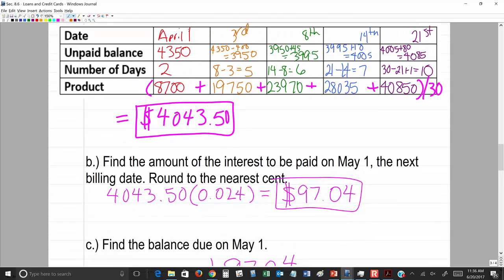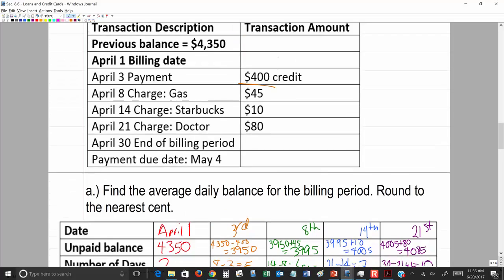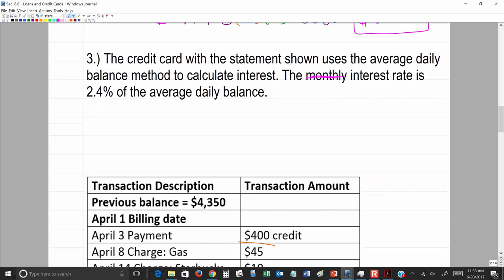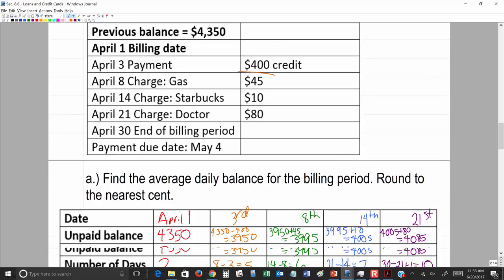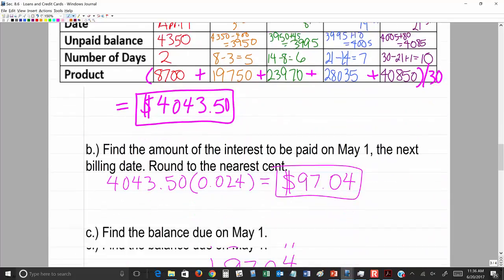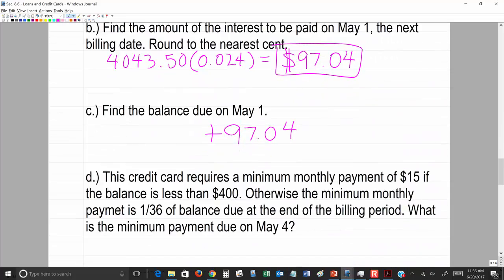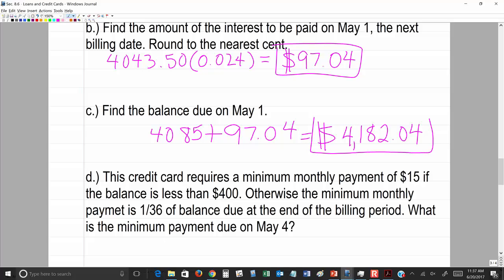Up here at the beginning of the problem, they told you that that is the monthly interest rate. Okay.